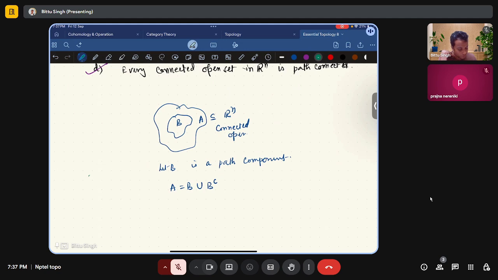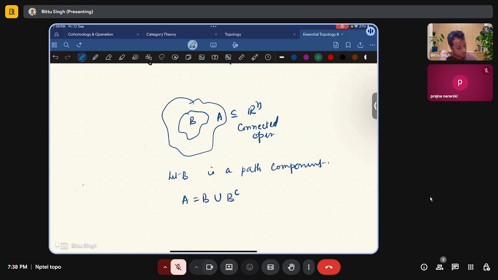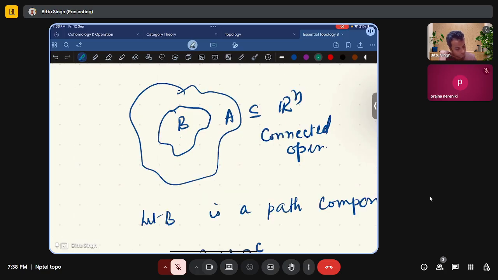So B is open, you can easily see this. Choose any 2 points. B is a path component, so it is path connected. So choose any 2 points X and Y. They can be joined by a path.